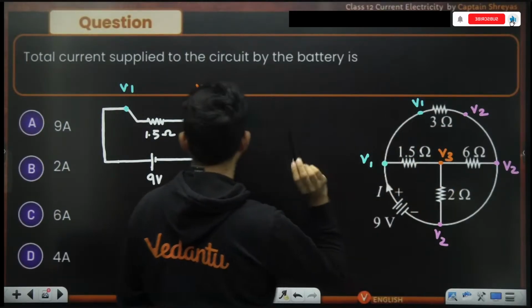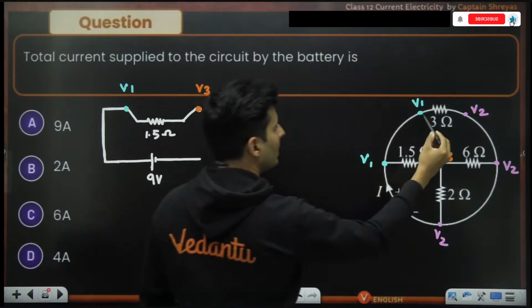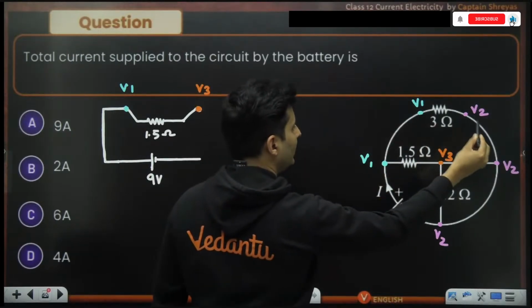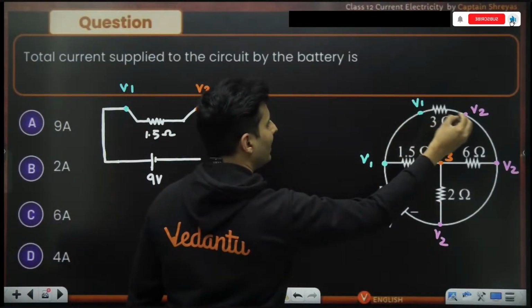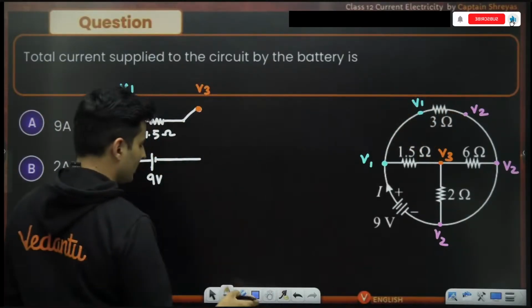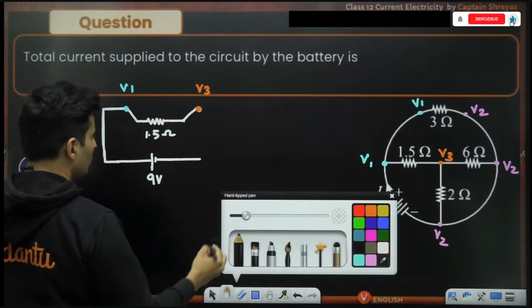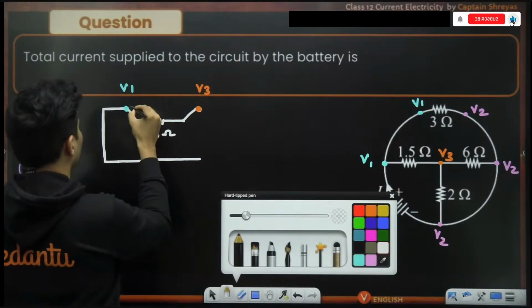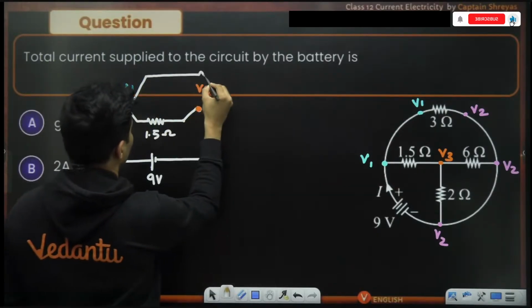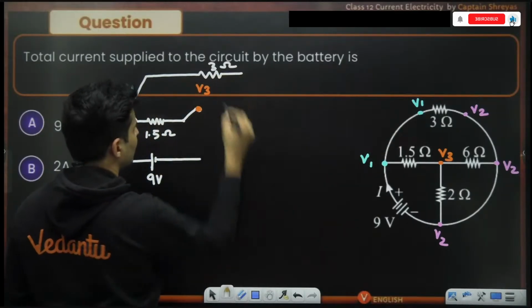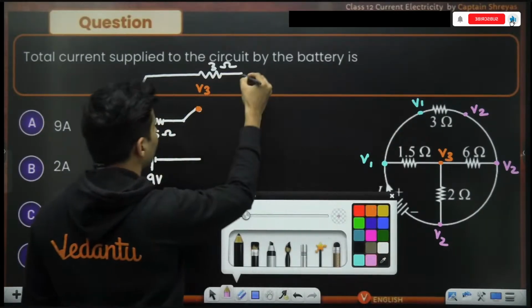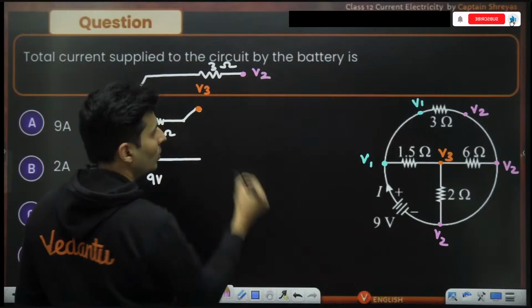No, it is not going directly. V1 is going to V2 and V2 is going to V3. Between V1 and V2 there is a 3 ohm resistance, and let's say this is V2.